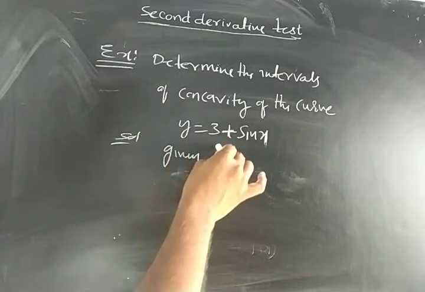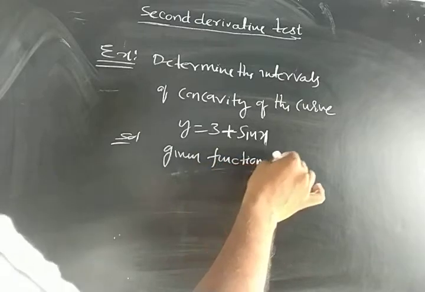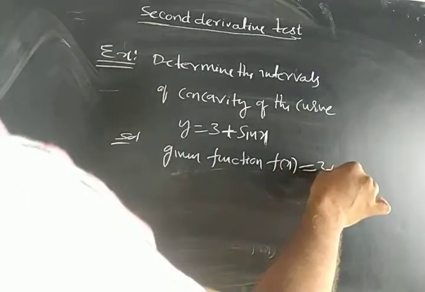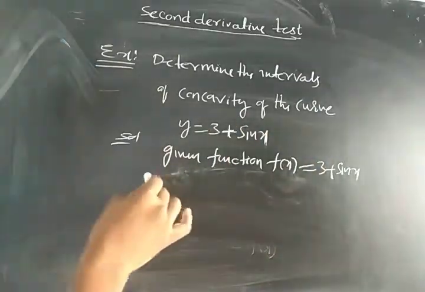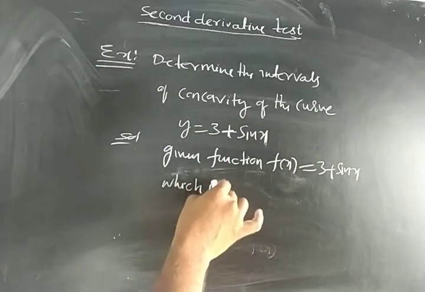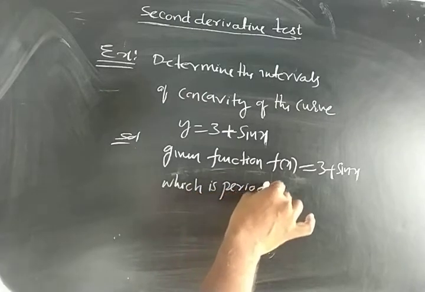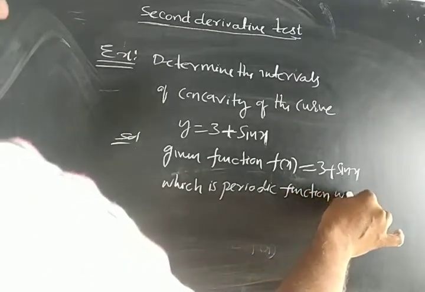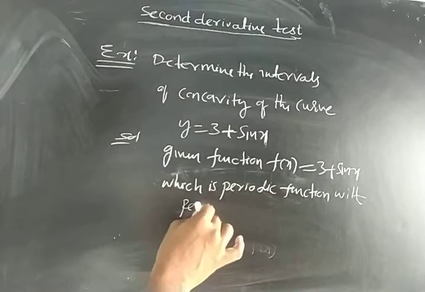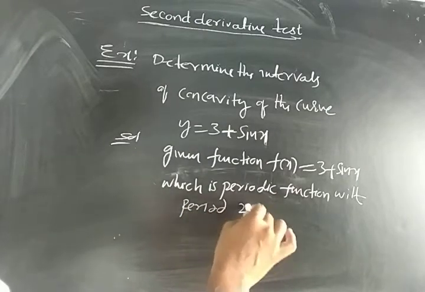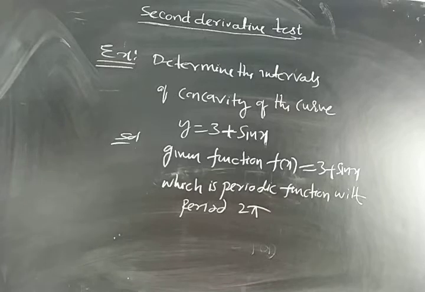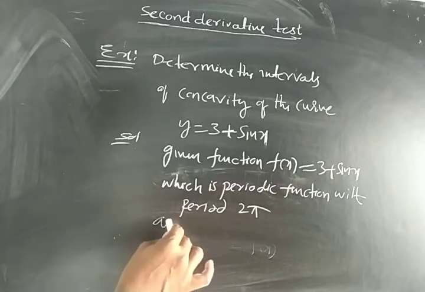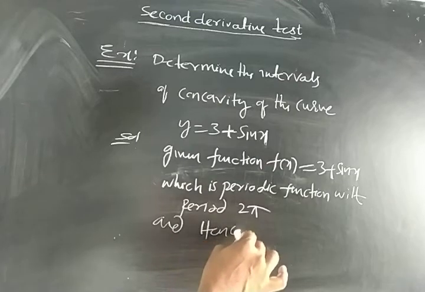Given function f of x is equal to 3 plus sin x, which is a periodic function with period 2 pi. And hence there will be stationary points and points of inflection in each period interval.